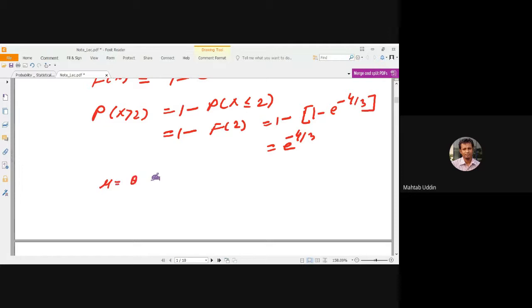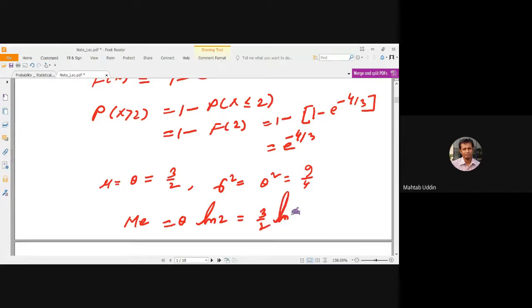But in your exam, you might get some more properties to be found, like mu is theta. Theta is 3 by 2. Sometimes we can ask you to find the variance. Variance is theta square, equal to 9 by 4. Also, we can ask you to find the median. Median is theta ln 2. It will be 3 by 2 ln 2. Moreover, we can ask you to find the moment generating function.